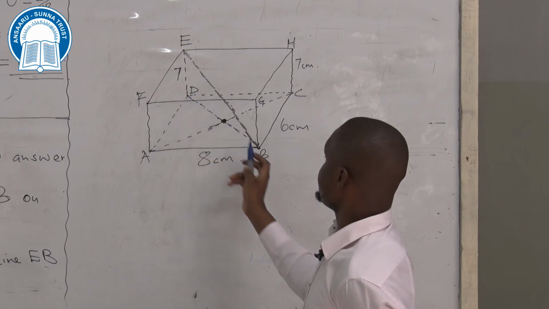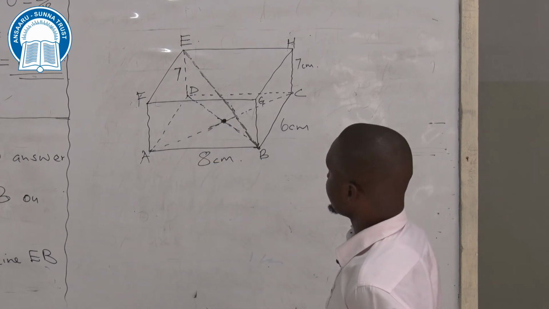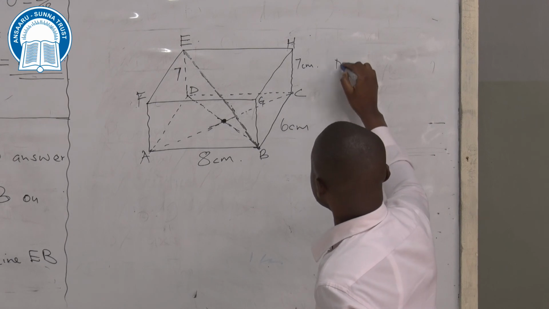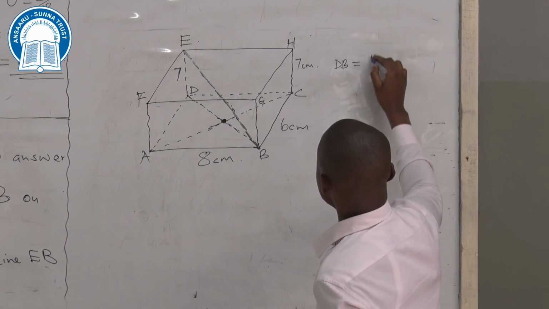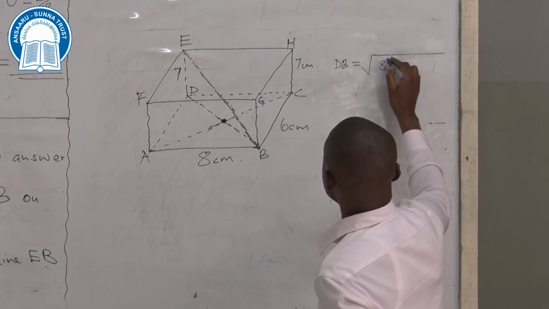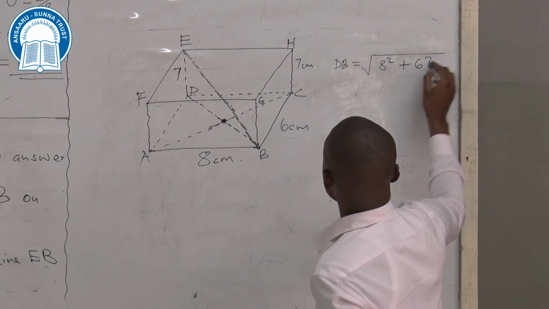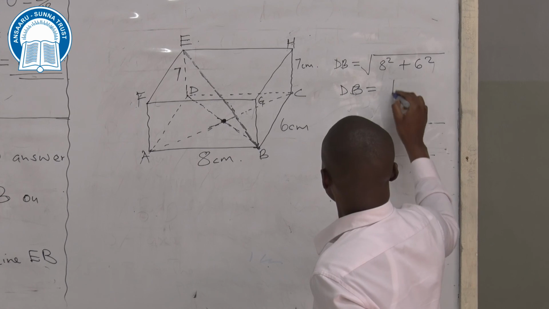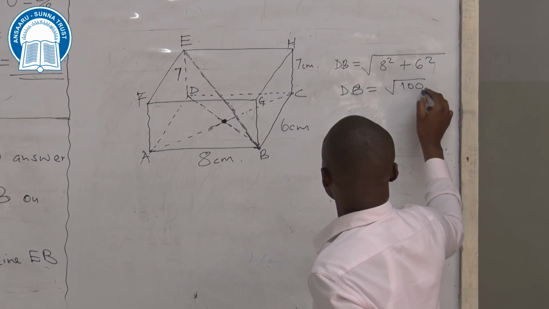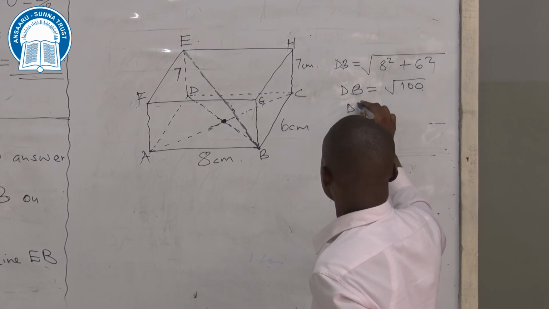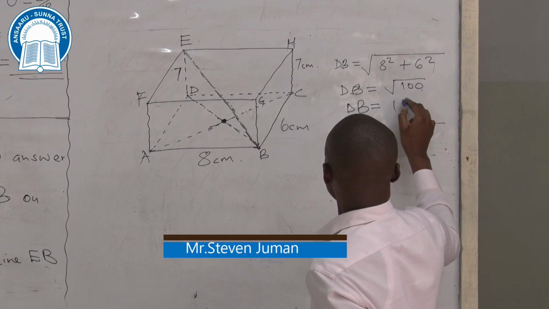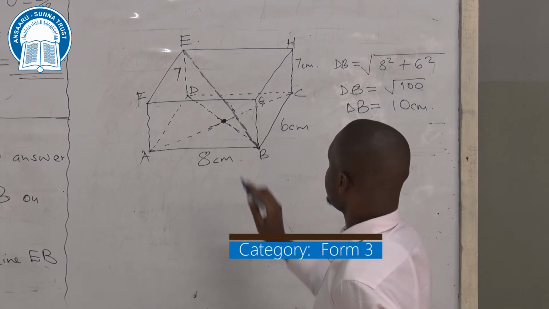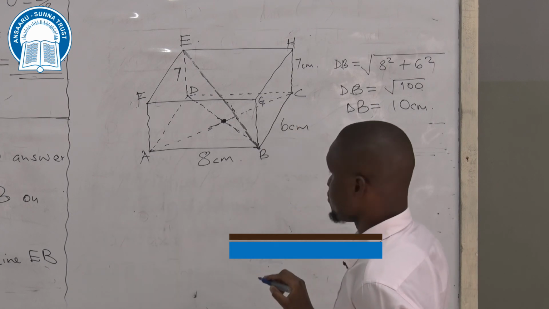Then DB is actually the diagonal, which if we were to get, I remember me saying DB in the other diagram was gotten by saying 8 squared plus 6 squared gives us DB to be square root of 100. So DB equals 10 centimeters.